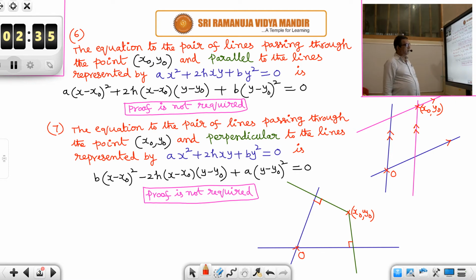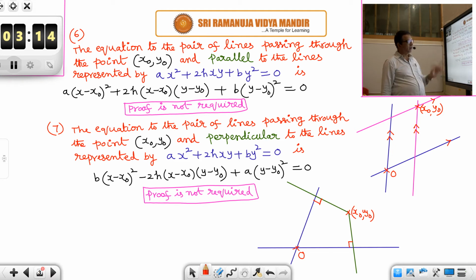Proofs are not required for these; just remember the formula. The sixth one: the equation to the pair of lines passing through the point x0, y0 and parallel to the lines represented by ax square plus 2hxy plus by square is equal to 0 is a into x minus x0 whole square plus 2h into x minus x0 into y minus y0 plus b into y minus y0 whole square is equal to 0.